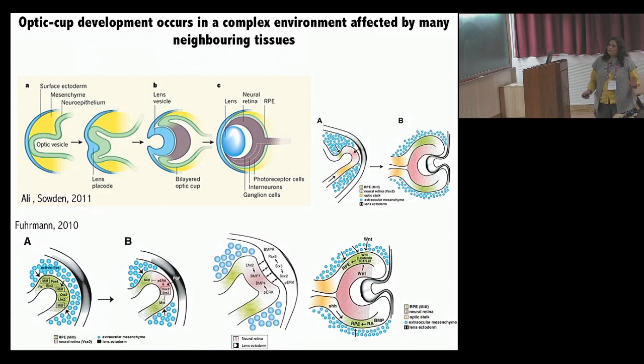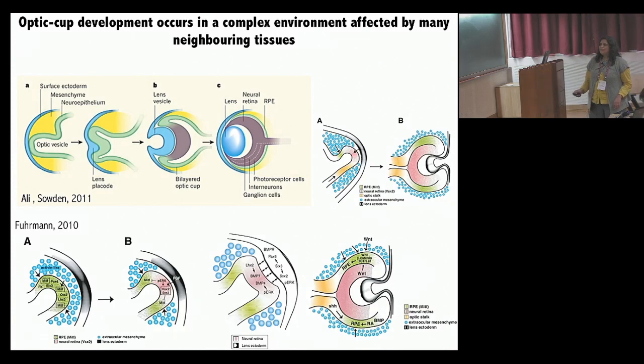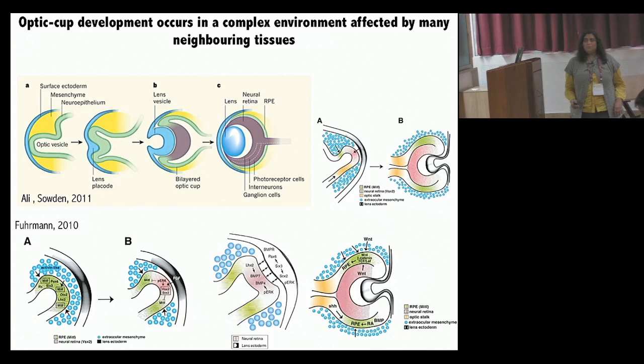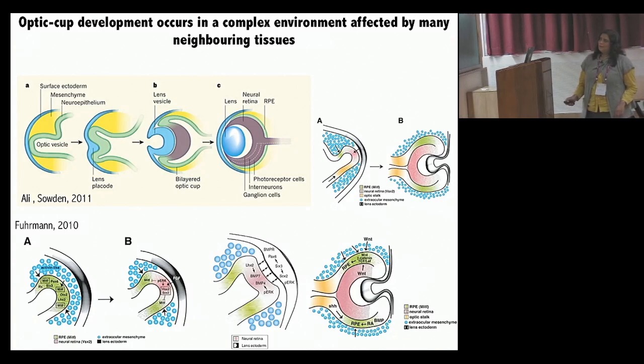So essentially what studies in animals have shown is that this surface ectoderm, this green structure, as well as the tissue around it, which is a mesenchymal structure, are all sources of signals, and interactions between the green and blue and the gray and blue are necessary to acquire this final morphology, this optic vesicle, but also to acquire the morphology that allows you to form this lens in the middle.